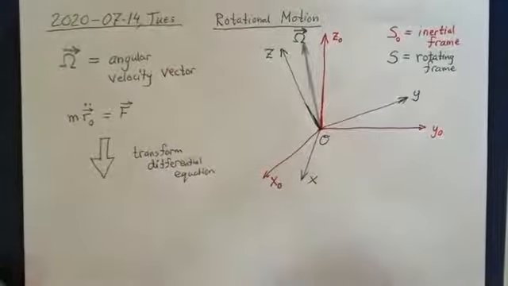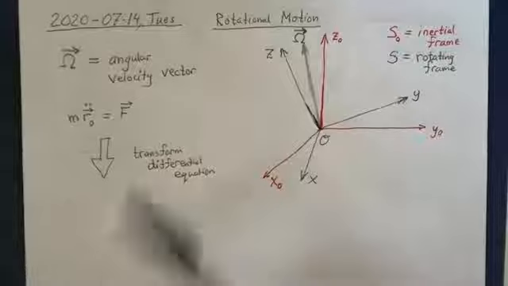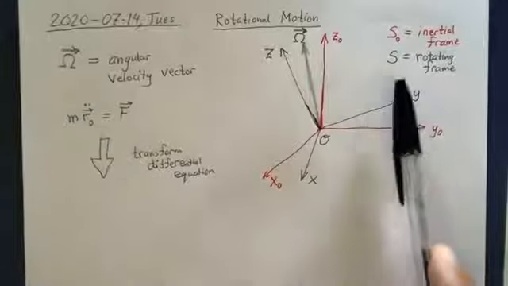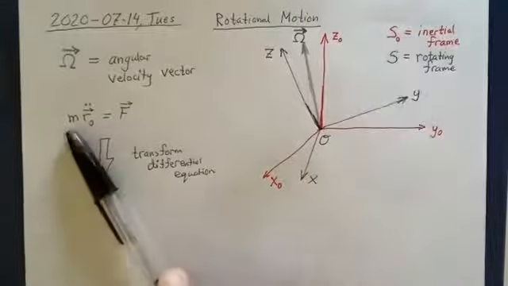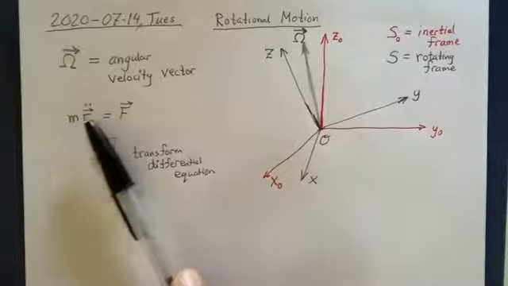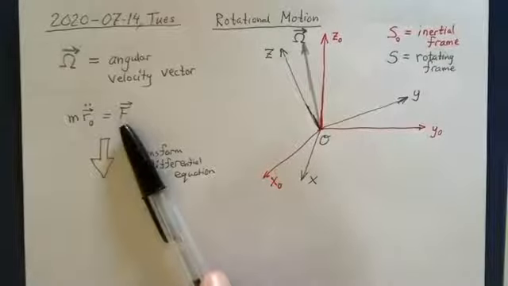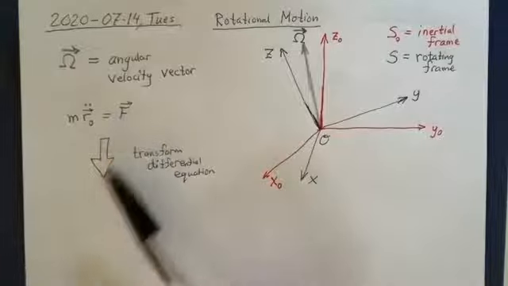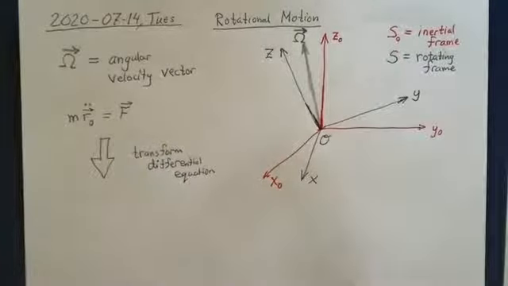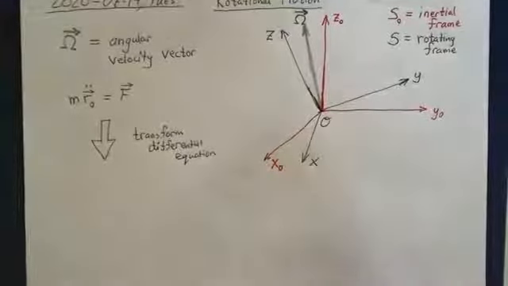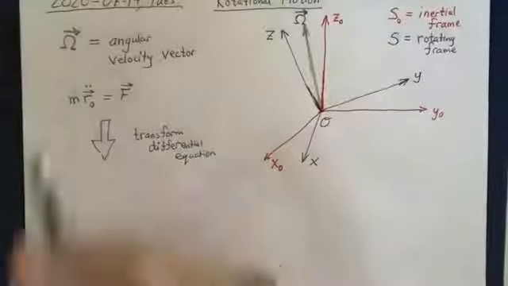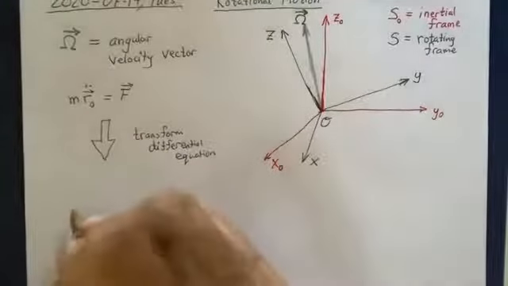Okay, so again, some effort is required to do this, but let's appreciate the high level logic. This is a statement in the S naught frame, in the inertial frame, that the mass of the particle times the acceleration is equal to the vector sum of all the real forces acting on it. So we're going to transform it, and we get a remarkable result. Assuming omega is a constant, we get this remarkable result.